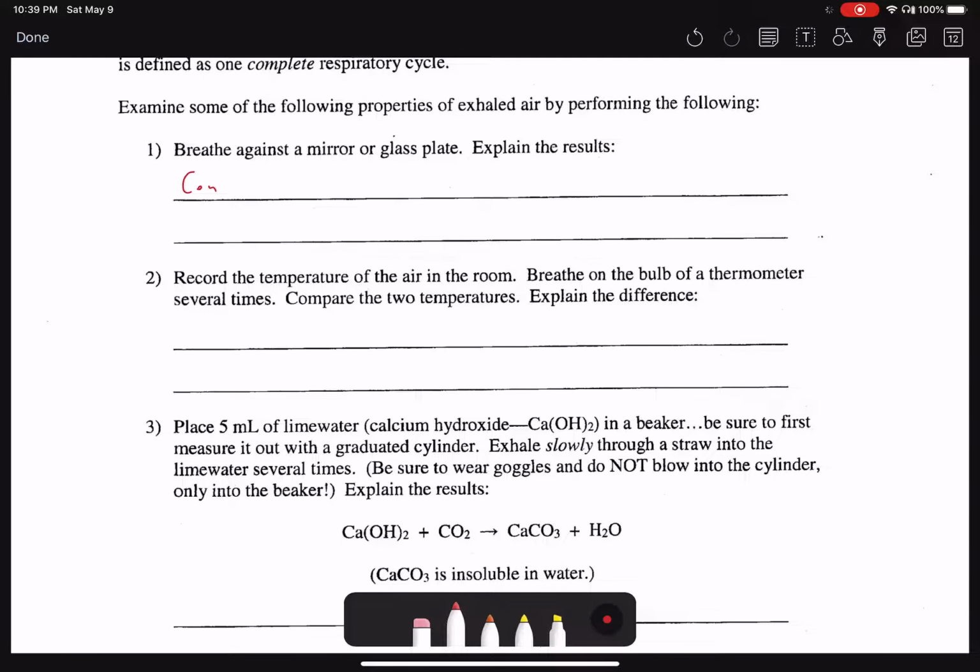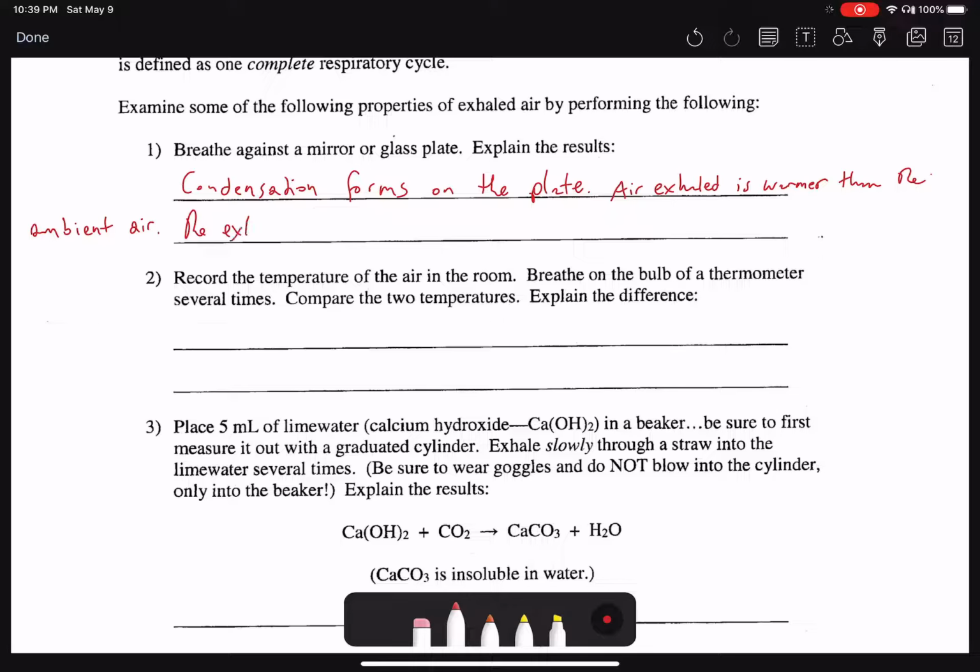So condensation forms on the plate. That's your observation. And now here's the explanation. Air exhaled is warmer than the ambient air, that is the air within the room.